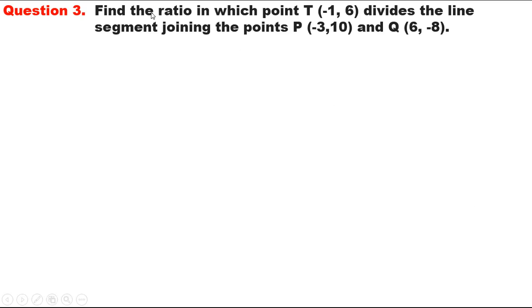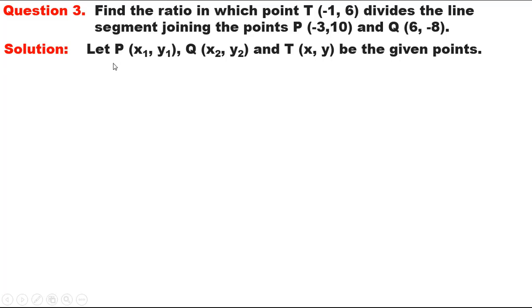Question third. Find the ratio in which the point T divides the line segment joining the points P and Q, having coordinates 6 and minus 8. Solution. Let us assume that the coordinates of P are x1, y1, the coordinates of Q are x2, y2, and the coordinates of T are x and y.